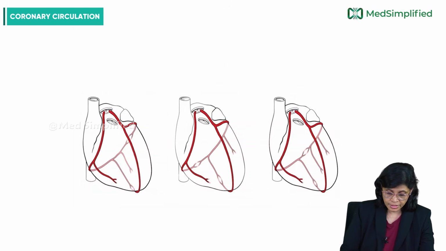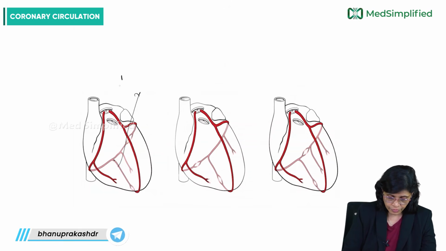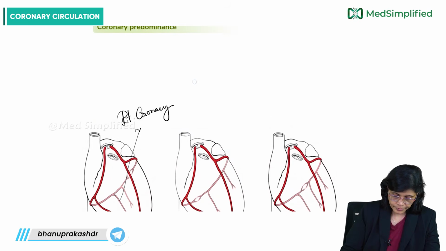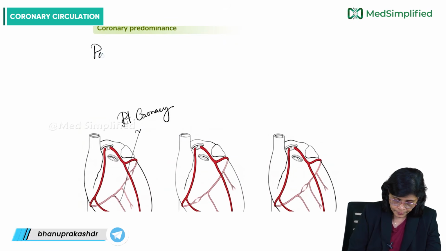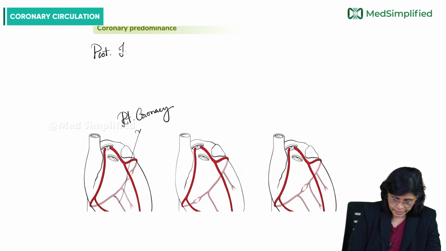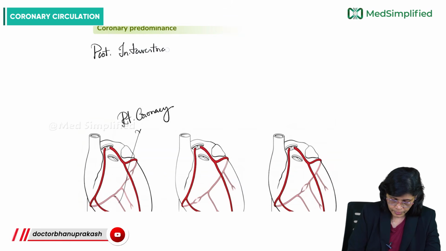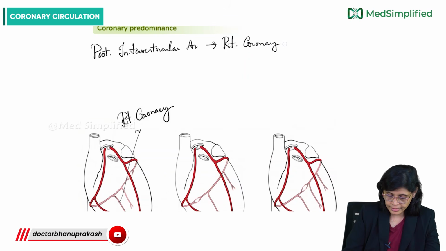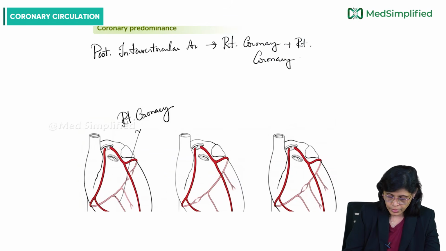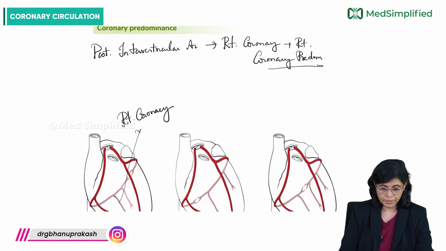If the posterior interventricular artery is mainly from the right coronary, we call it right coronary predominance. In 70% of subjects, it is right coronary predominance.